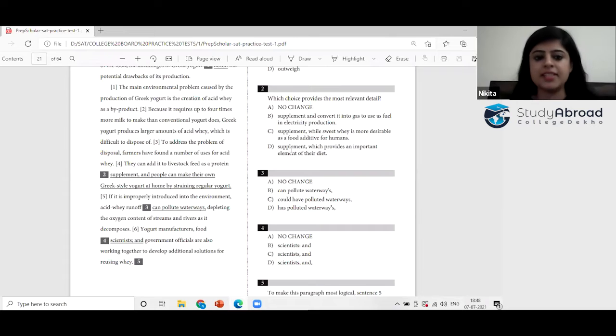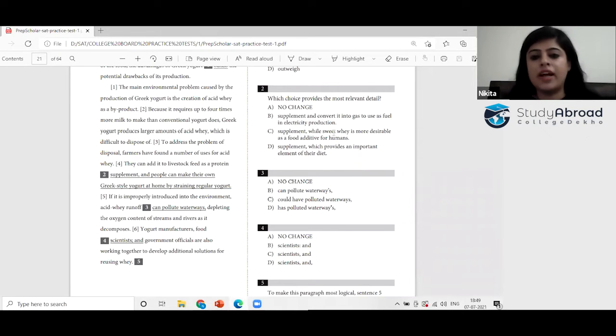If A says people can make their own Greek style yogurt at home by straining regular yogurt, I am going to keep this point in mind. Let me read B. It says supplement and convert it into gas and to use as fuel in electricity production. Definitely, the very first thought that comes to mind is that there are some new words here which we have not talked about previously.